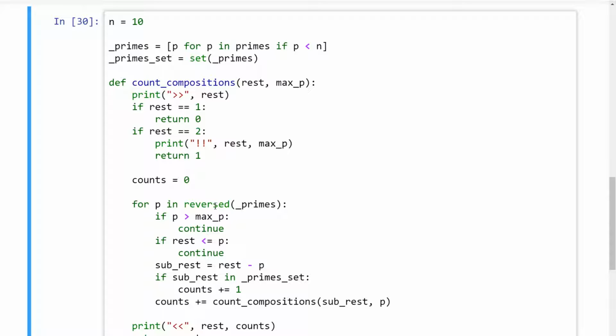So I think the main issue that we're having is the terminating conditions. But maybe we can think about this more clearly now.